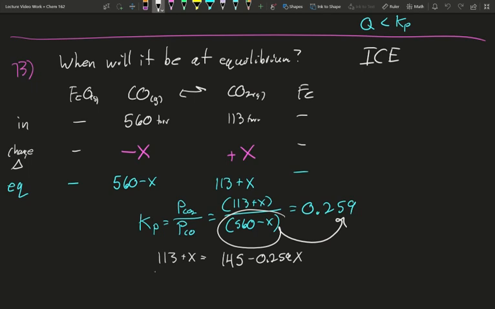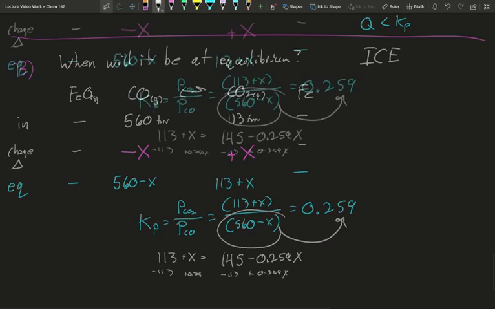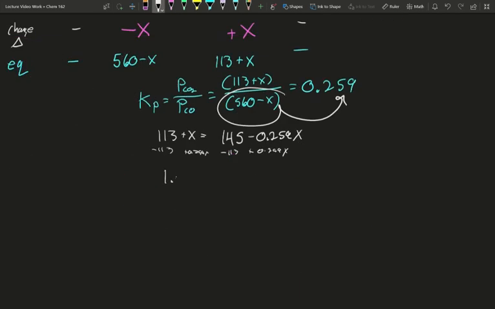Rearranging this, I will minus 113. I will add 0.259X to both sides. We'll find that 1.259X must be equal to 32, which is 145 minus 113.